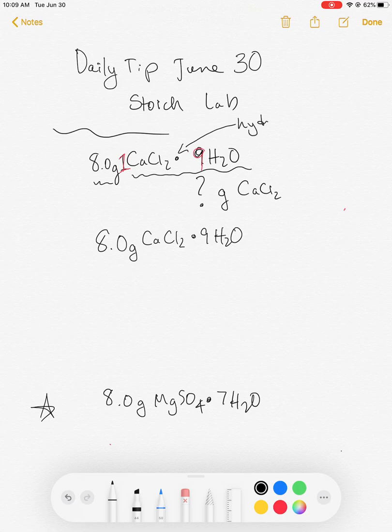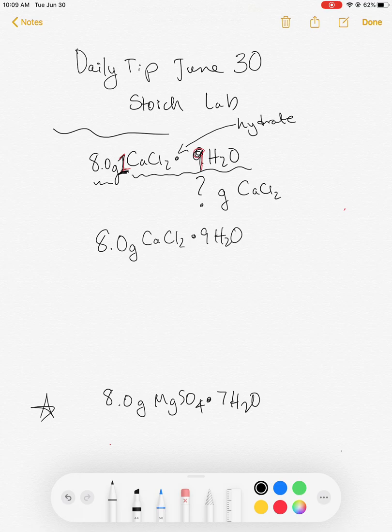That means you have something called a hydrate, which means that there's some waters clinging to the ionic compound because of electrostatic attractions. So in this particular hydrate, calcium chloride nonahydrate, this one calcium chloride has 9 waters clinging to it, and they're pretty easy to get rid of.